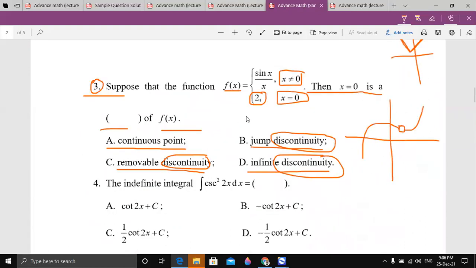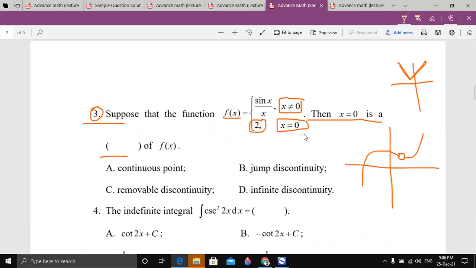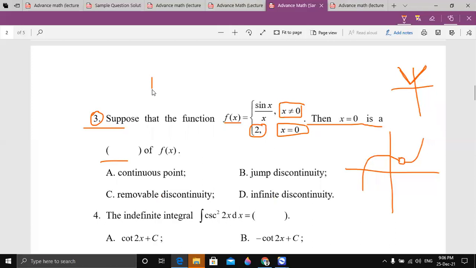So here we are not talking about differentiability, we are talking about continuity and discontinuity. So if our left hand limit, our right hand limit, and our function value are the same, then we can say that this function is continuous, okay? And if they are not the same, then it will be discontinuous.